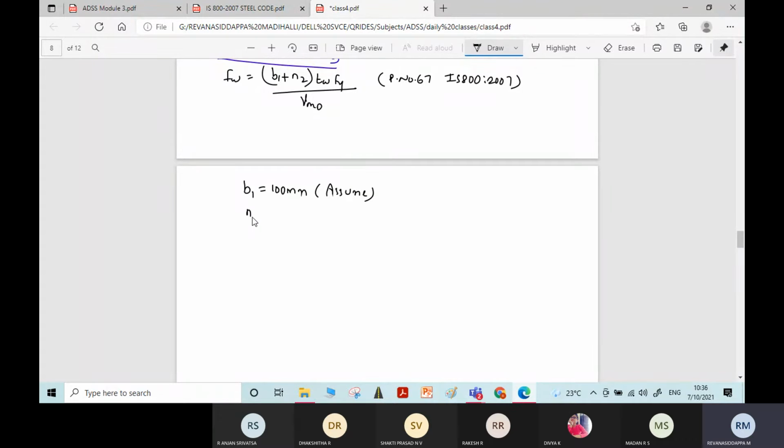Then what is N2? What is the formula for N2? It is 2.5 times (R plus tf), where R is the radius at root. This formula is also there in the code book.